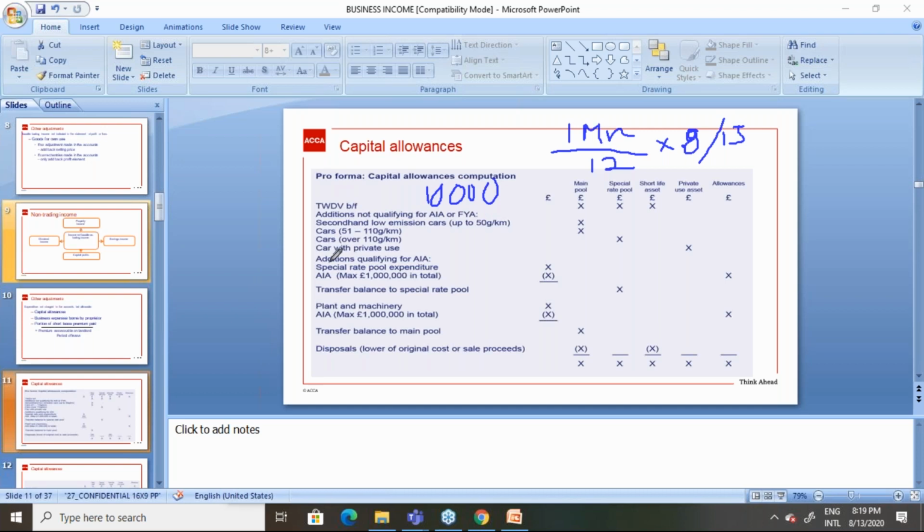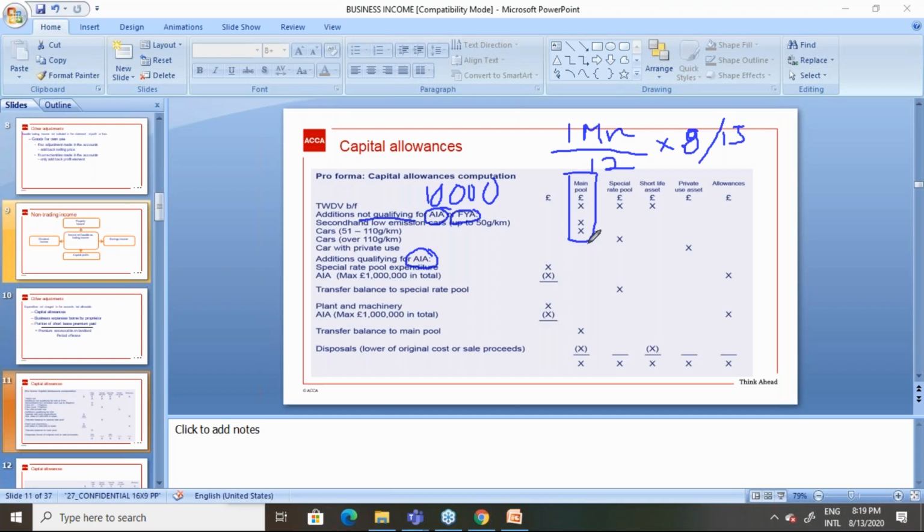First, you can consider the plant and machinery which are qualifying for AIA, and then the plant and machinery which qualifies for FIA, but there are certain plant and machinery not qualifying for AIA or FIA. Then those assets must be included in the main pool.